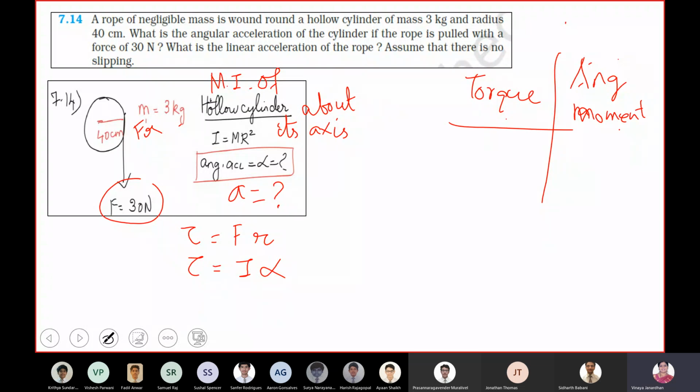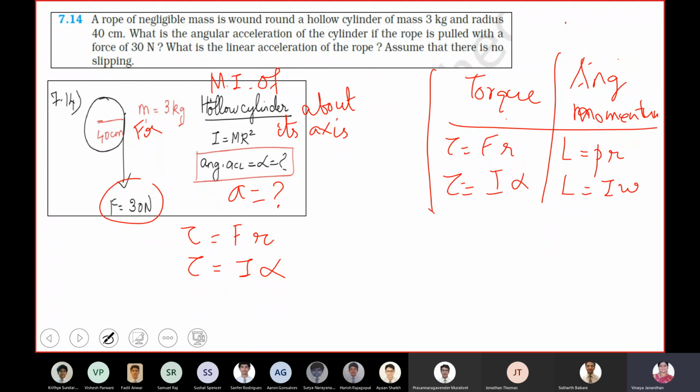So torque tau is equal to F into R. Angular momentum L will be equal to P into R. So tau in terms of moment of inertia is I alpha. Angular momentum in terms of moment of inertia is I omega. These formulas for torque and angular momentum you have to remember, because throughout the chapter these are the formulas you are going to use. So mark this as equation 1, mark this as equation 2.